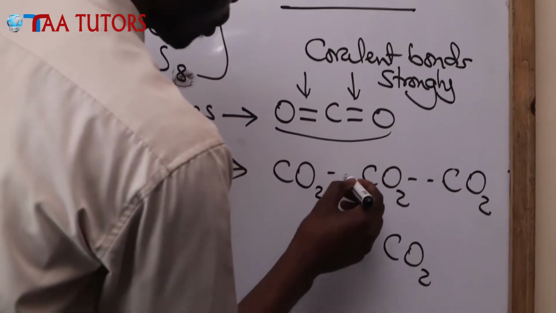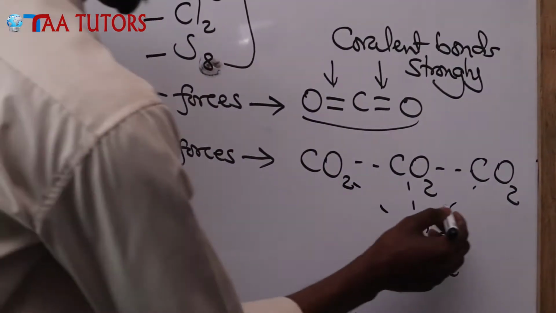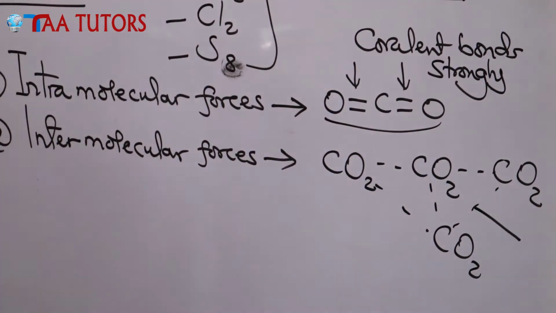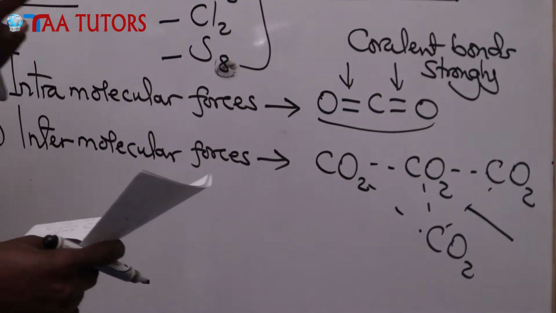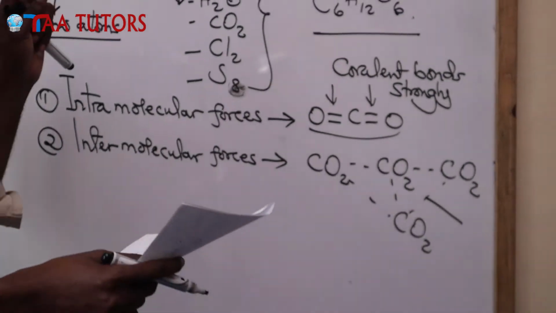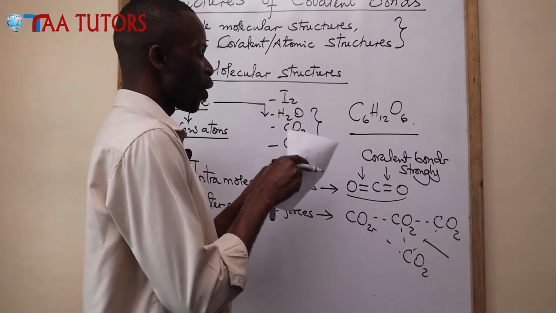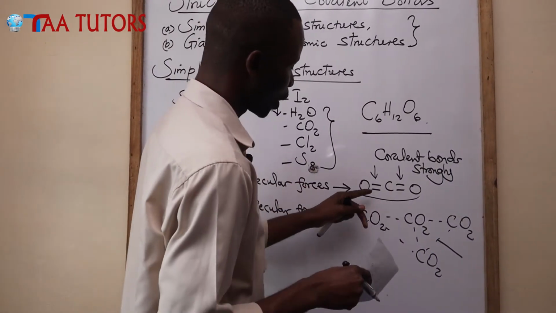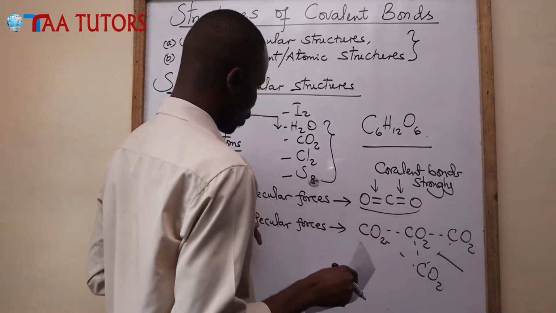The forces of attraction holding these molecules together are what we call intermolecular forces of attraction. So in simple molecular structures, you have to identify 2 forces: one holding the atoms together to form a molecule, then another holding the molecules together. Now in this case, we have one molecule only. Within it, we have covalent bonds, which are the intramolecular forces.